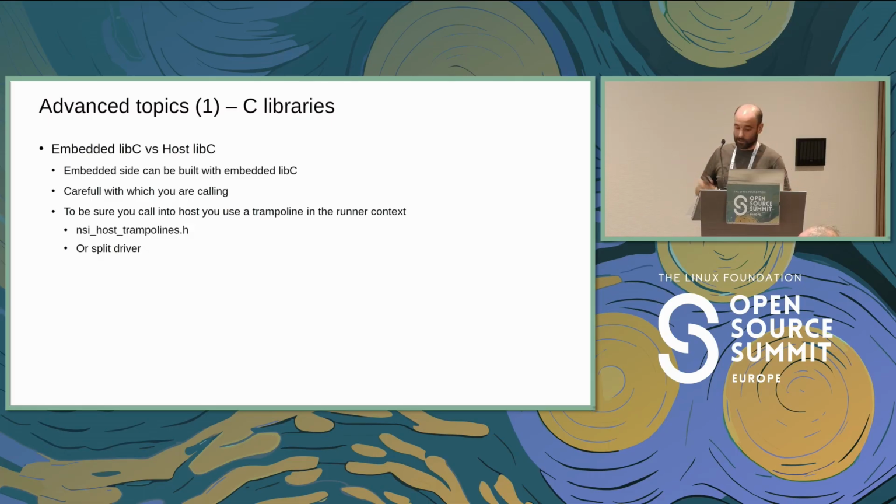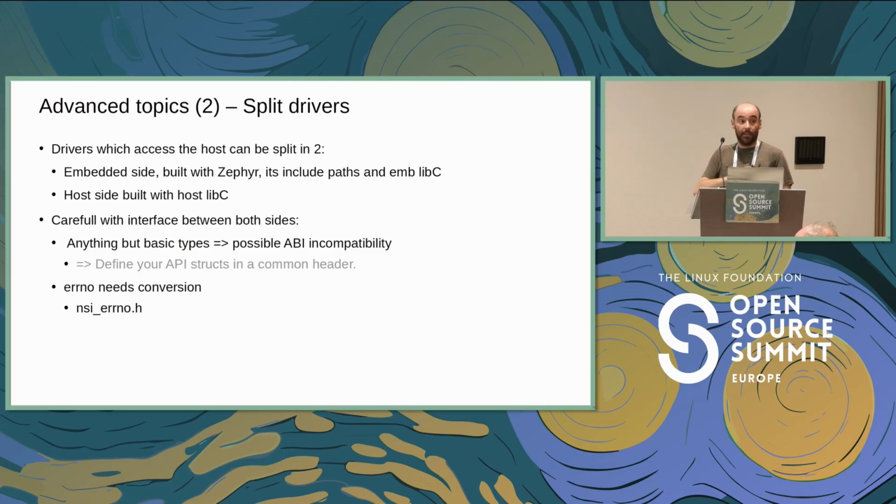One of your sides is built with the embedded C library, with the Zephyr include paths, and therefore built with the devicetree and so forth, like anything else, while the host side doesn't see anything from Zephyr, it only sees Linux, the host C library. So if you do this, then you have your host side of your driver doing any interaction with the host, and your embedded side of the driver calling into your host side of the driver to interact with it.